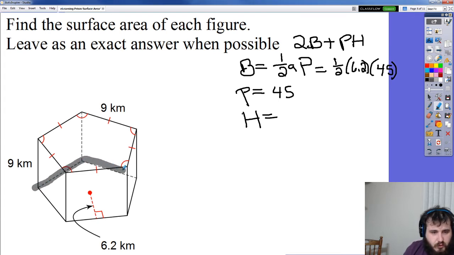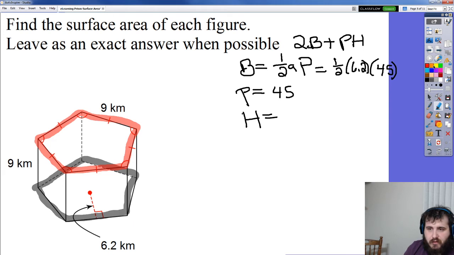You see how you've got a pentagon down here at the bottom and a pentagon up here at the top. My prism is standing straight up, so my height is just this vertical line right here, and that's 9.